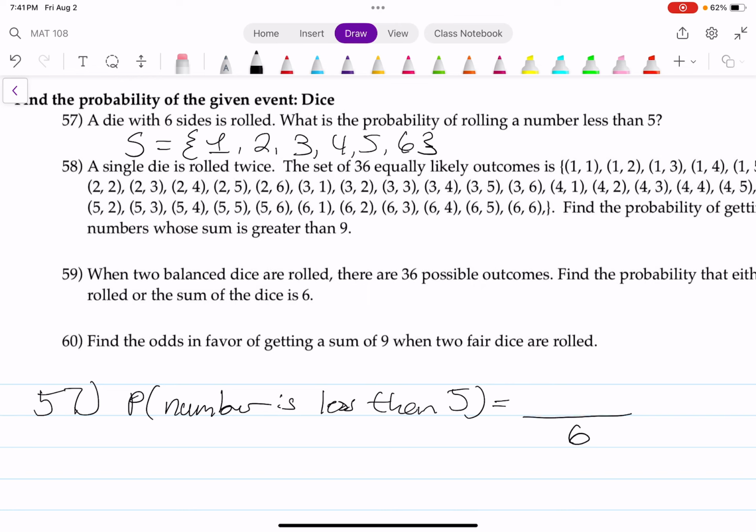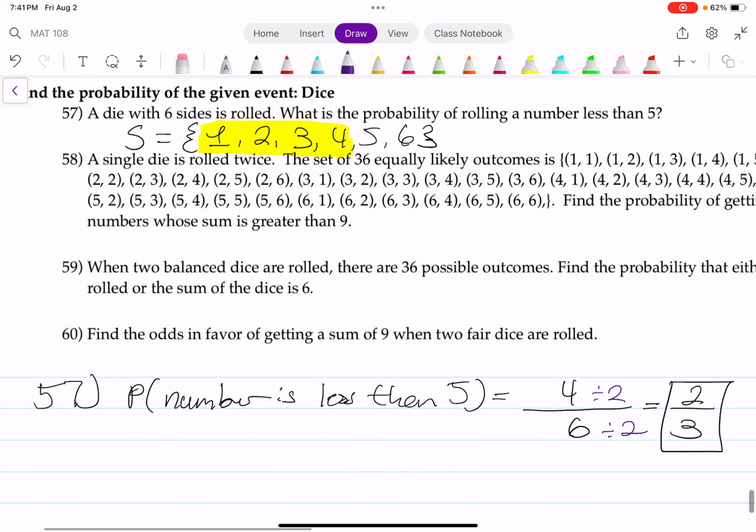Out of those 6 outcomes, 4 of the numbers are less than 5. So the probability of choosing a number that is less than 5 is 4/6, which can be reduced to 2/3. We can divide 2 from the numerator and 2 from the denominator to get 2/3. All right, that's it for 57.